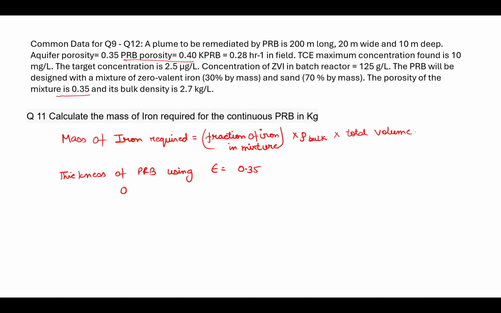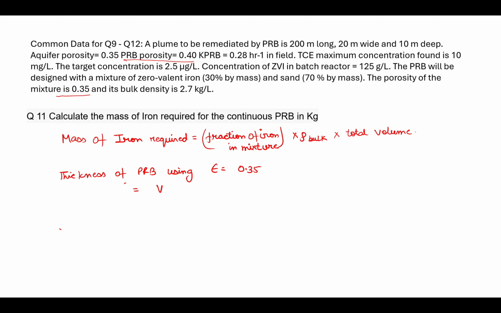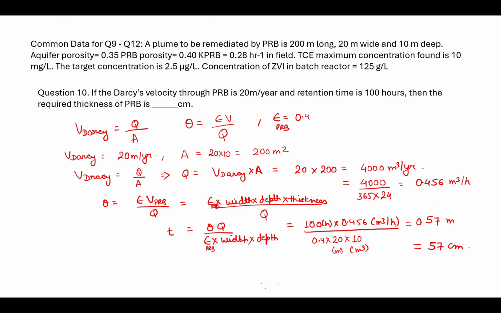We have seen that theta was given as Darcy's velocity. In the previous question, we found the discharge. The discharge will be the same because the Darcy's velocity is the same.